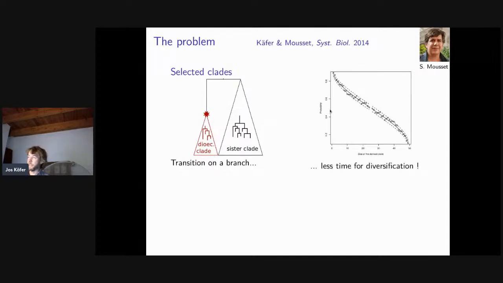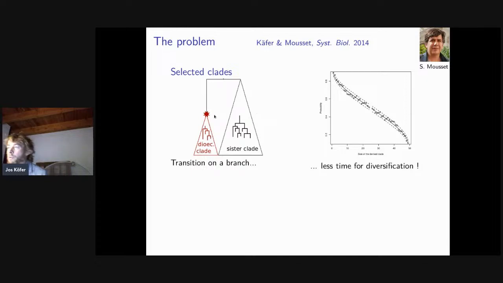So instead of the uniform distribution of the size of the derived clade, so this goes from 0 to 50%, you have no, sorry, this is species numbers. So this is for 50 species, sorry. So this is 0 to 100%, sorry. Instead of the uniform distribution, you have this distribution in which small derived clades are more likely to occur than large derived clades.